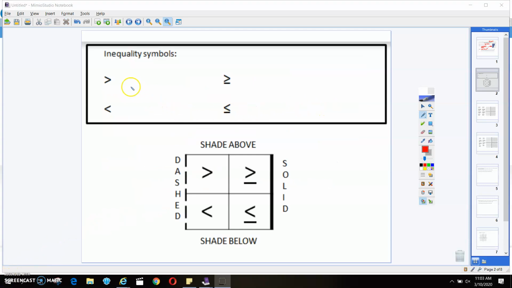The inequality symbols, okay? So if I had these two numbers written, I would read this as 5 is greater than 3, right? So this inequality symbol is greater than. Okay? If I wrote this, it would be less than. 2 is less than 3. Less than.